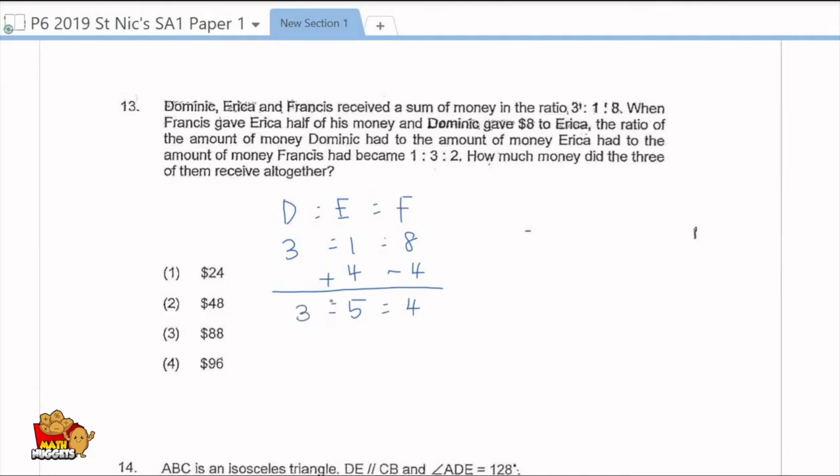At this point, okay, not yet. So now Dominic gave $8 to Erica, and in the end, the ratio is 1, 3, 2. So ends up being 1, 3, and 2. Let me write this again.